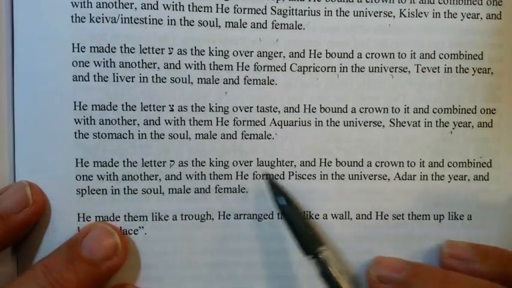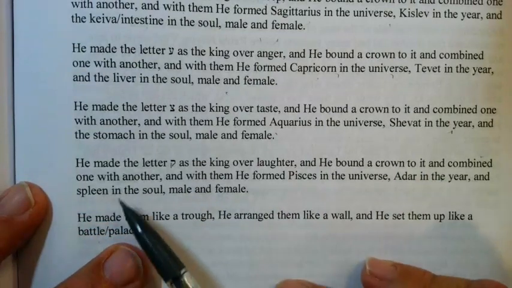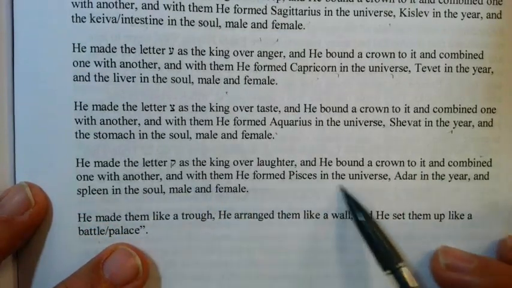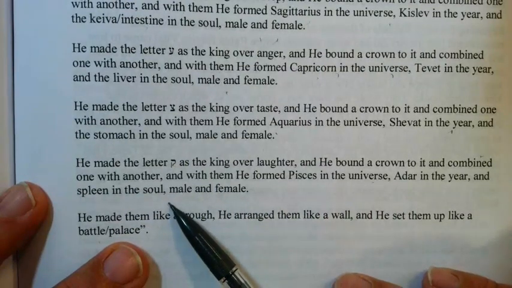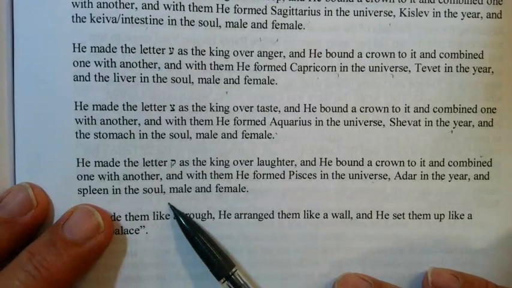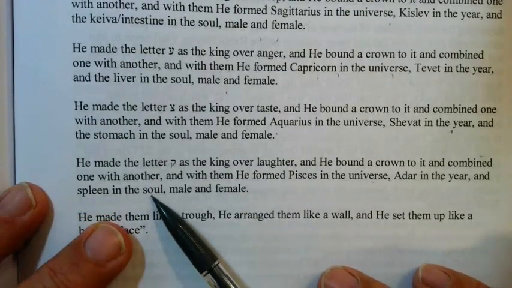He made the letter Kuf as the king over laughter, and he bound a crown to it and combined one with another, and with them he formed Pisces in the universe, Adar in the year, and the spleen, once again, tied to that. But then, if you're not confused enough, spleen is in the soul.